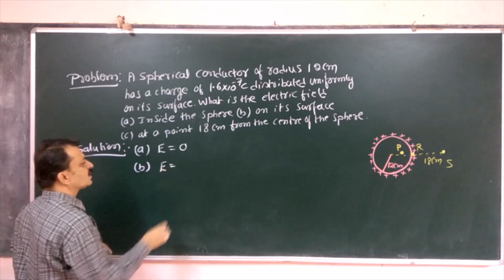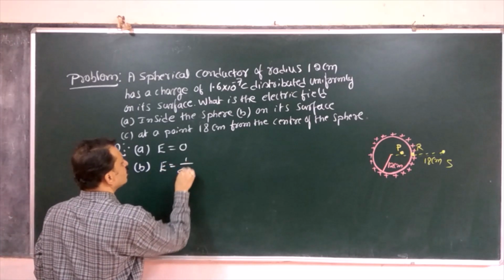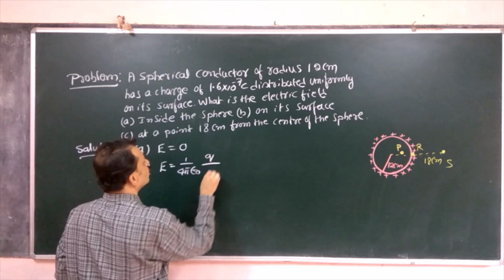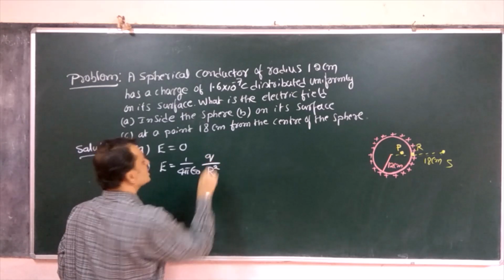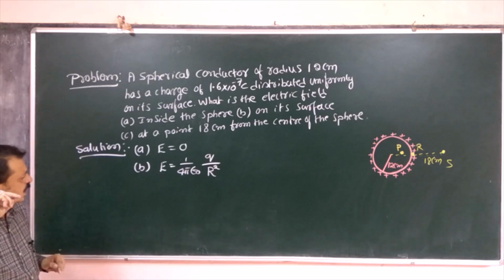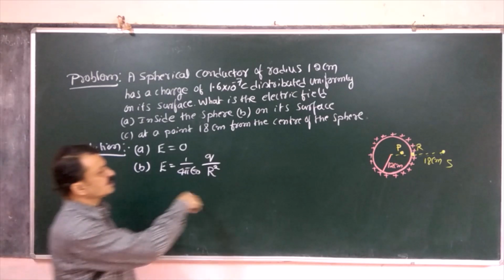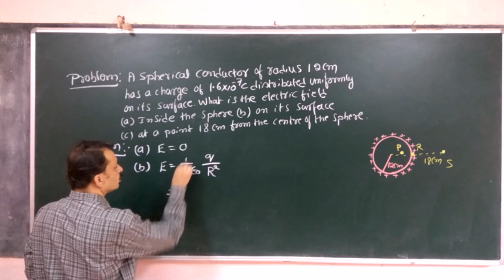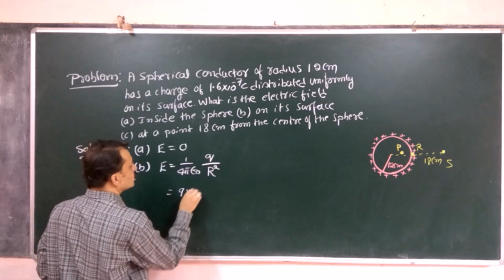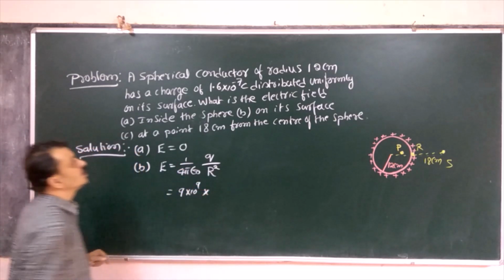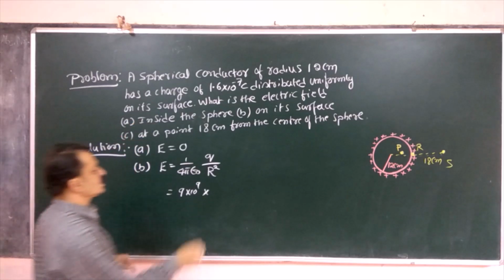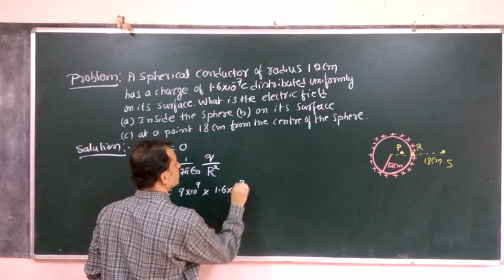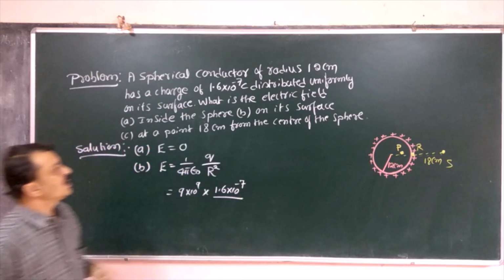The magnitude of the electric field is equal to 1/4πε0 into charge q divided by r square. Now here r is radius. R is the radius of the sphere ಅಂತ ಗೊತ್ತುಂಟು. So 1/4πε0, that is 9 into 10 to the power of 9, and charge is given 1.6 into 10 to the power of -7 coulomb divided by radius.